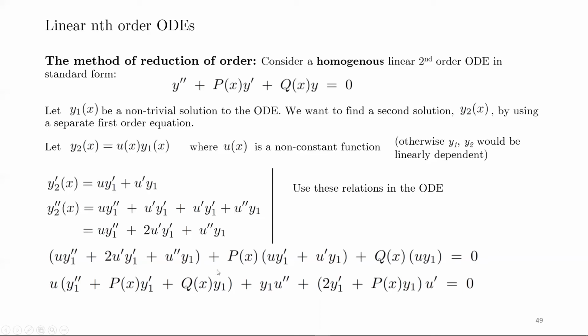But the key thing to note here is that y1 is a solution to this ODE. So if I write out y1 double prime plus p of x times y1 prime plus q of x times y1, that equals 0. That does equal 0 because y1 is a non-trivial solution to the ODE. But that is exactly what I've got in this term here.